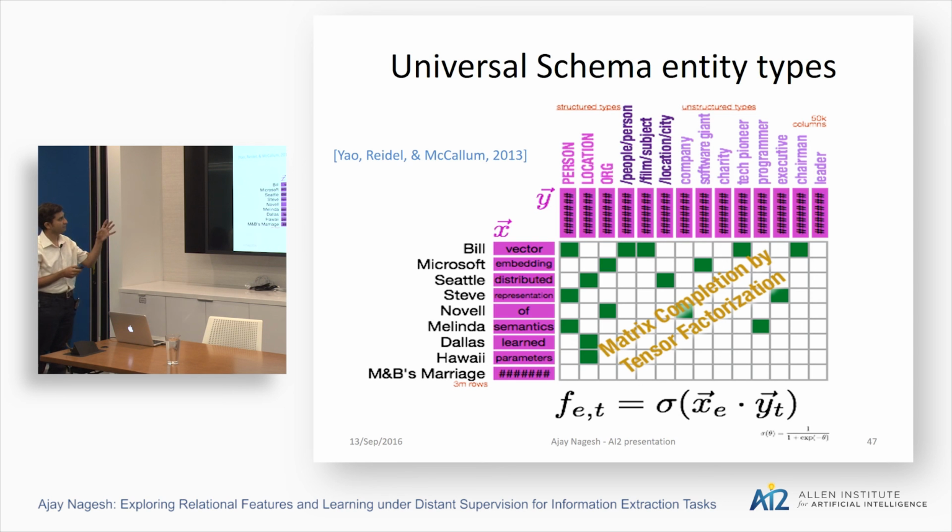And when we learn vectors like this by doing matrix completion, we get very good latent representations for the types.